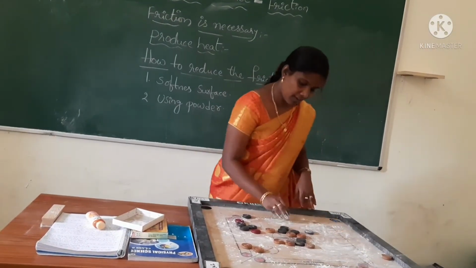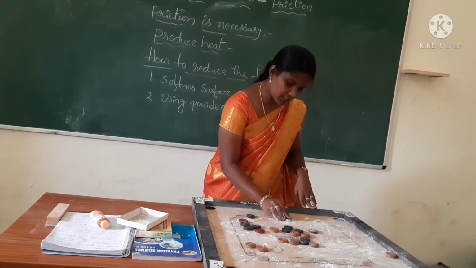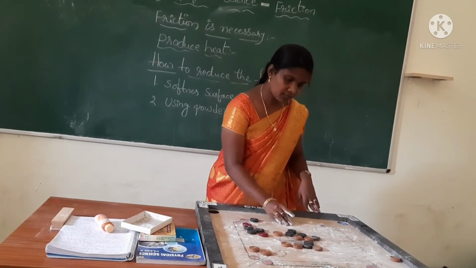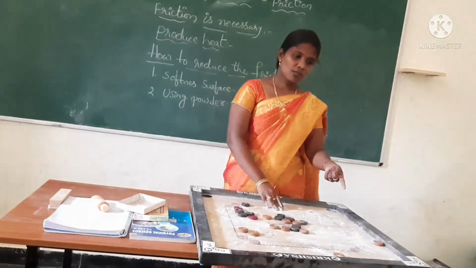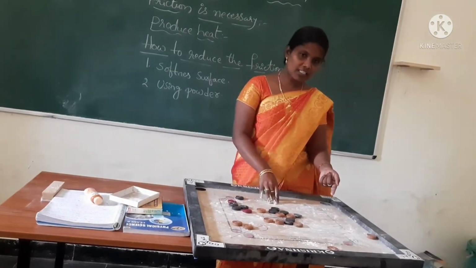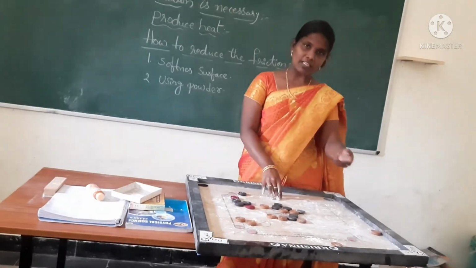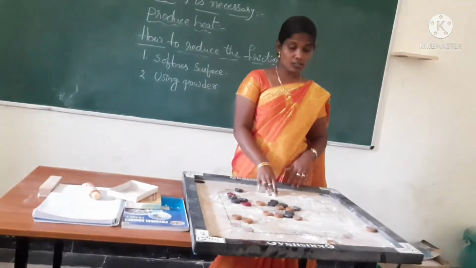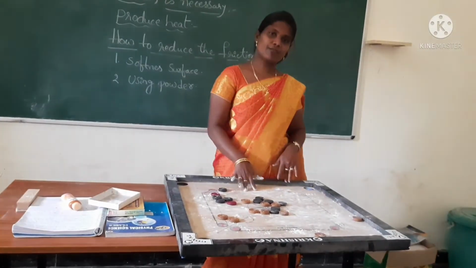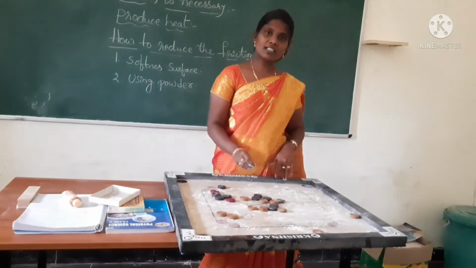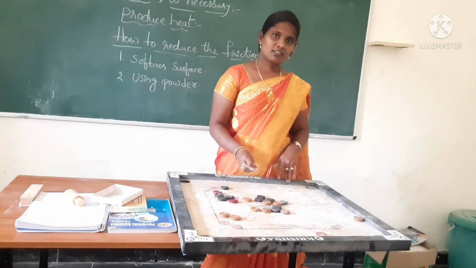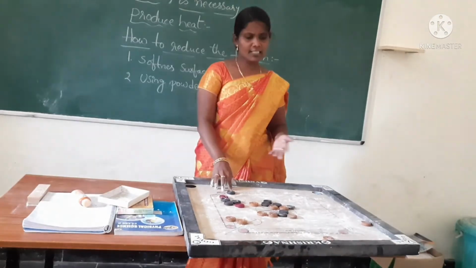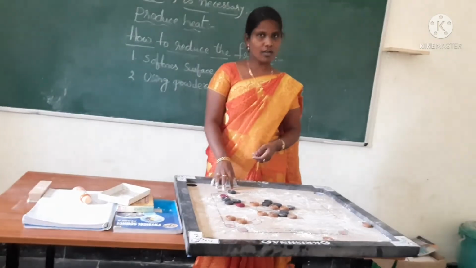Here I hit the coin with the striker. All of you observe. What do we observe? The coins move freely and go into the hole because of the smoothness of the surface. By using the powder, the surface becomes smooth, and then we can easily hit the coins.